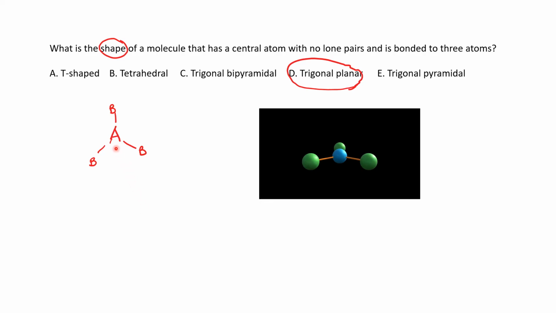So your central atom is A, the other 3 atoms are B, and because there are no lone pairs, you are going to make a trigonal planar shape. Trigonal means triangle, and all 3 atoms are in one plane. This is why you call it trigonal planar. And this is asking for shape.